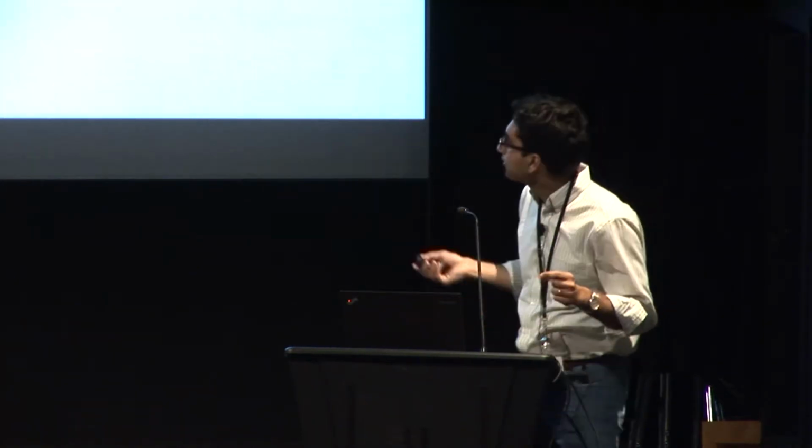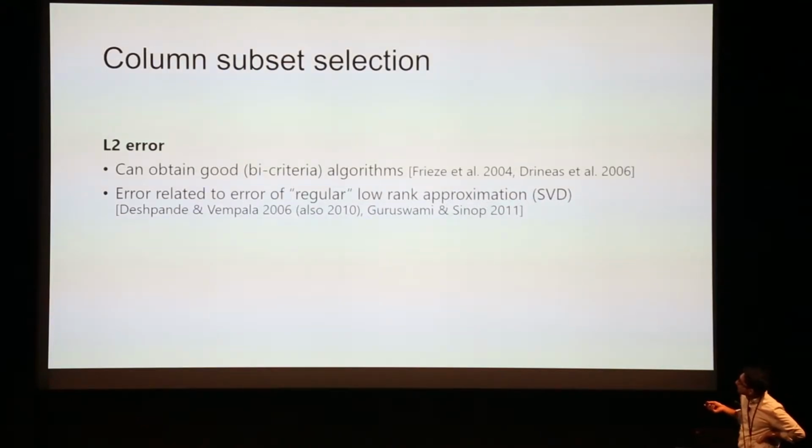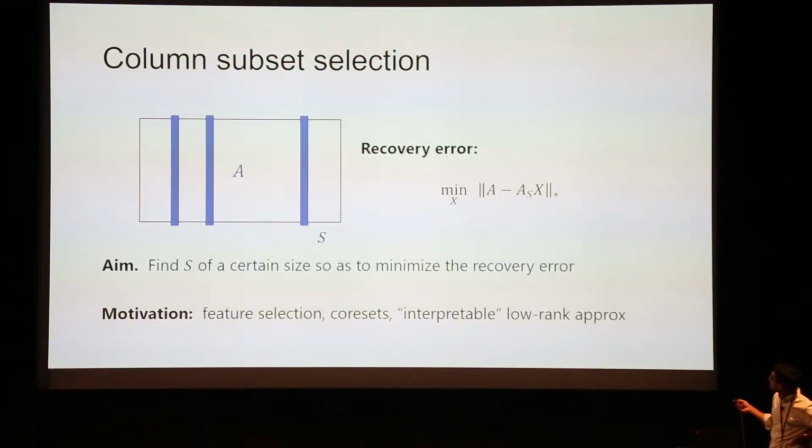Usually in low rank approximation, you have some vectors in the span, while now you actually want to approximate the matrix using a few of its own columns. So this is a bit more interpretive. This is a very well-studied problem. The most commonly studied thing is the L2 norm for the recovery error.